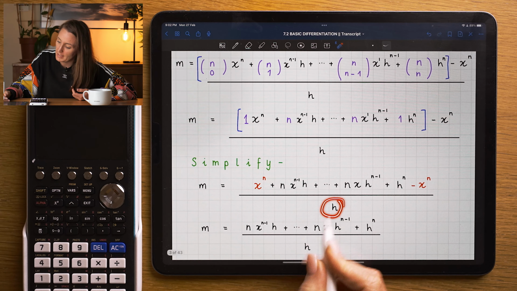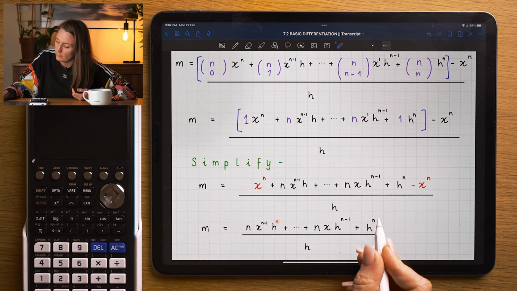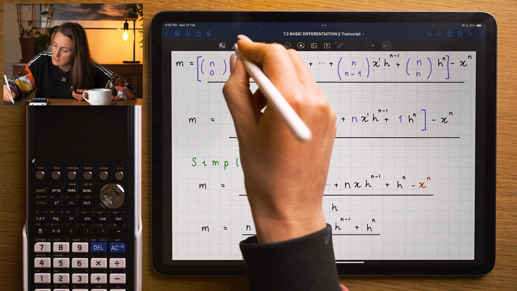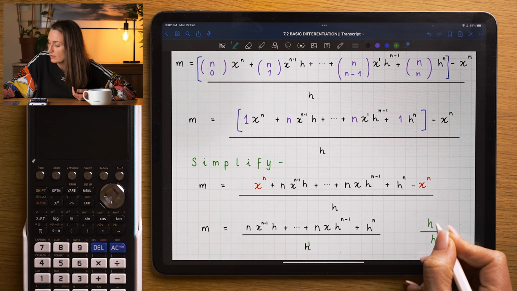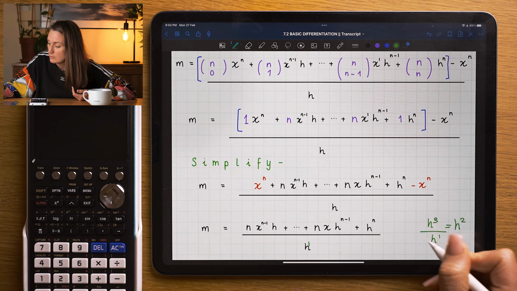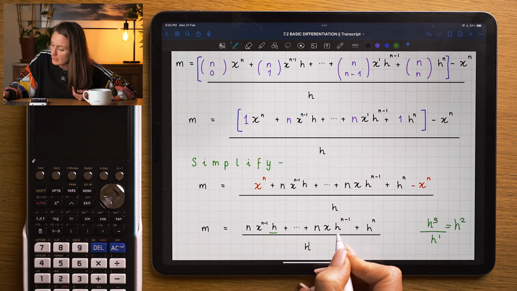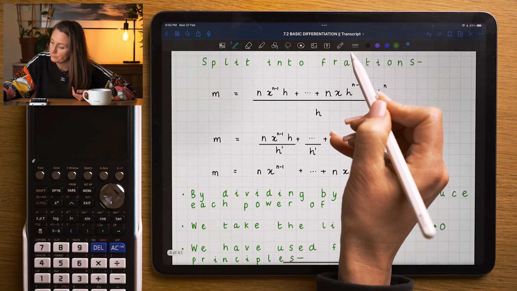When we divide by h, what we're going to be doing is subtracting 1 from each power of h, because the rules for indices say if I divide by h to the 1, for example, h cubed divided by h to the 1 would be h squared. So we're going to repeat this process by reducing each power of h by exactly 1.